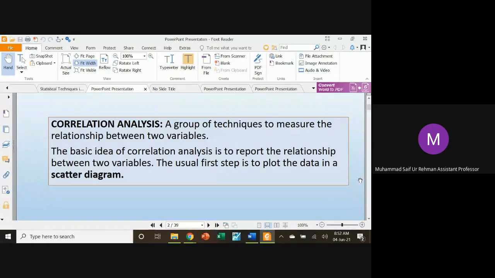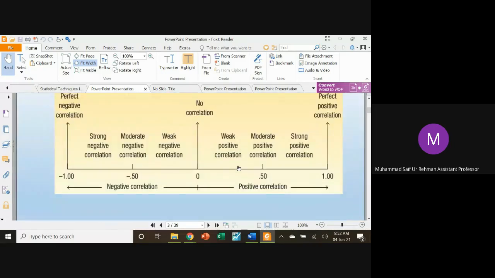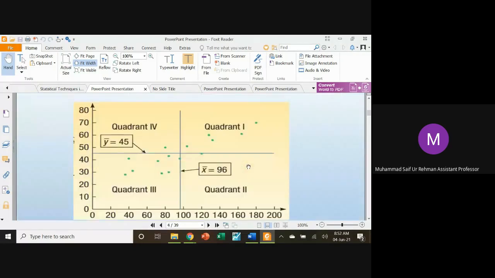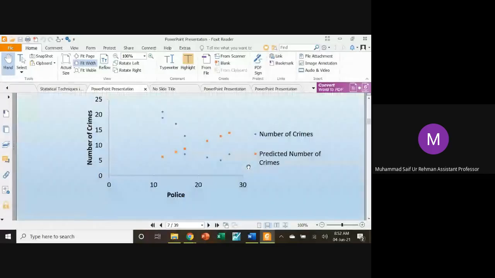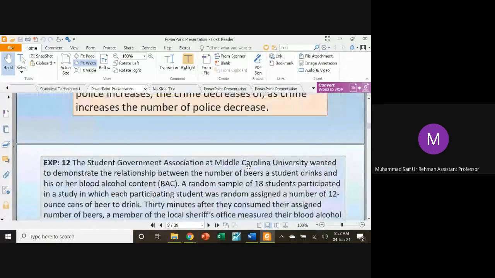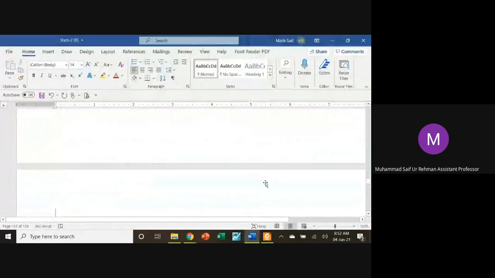So one variable will be the independent variable, and the other variable will be the dependent variable. The dependent variable is basically depending upon the independent variable. So you can see over here, if I write somewhere over here, the equation that is basically, let me write it down here.